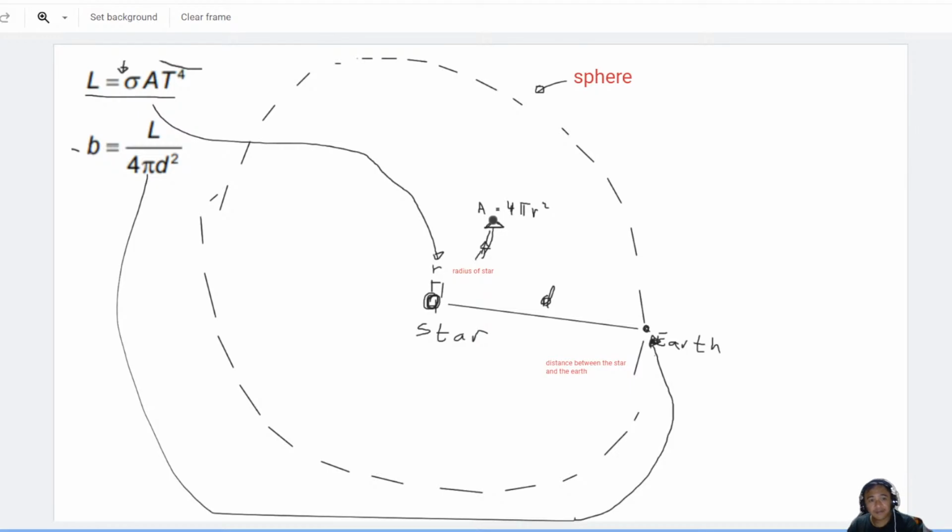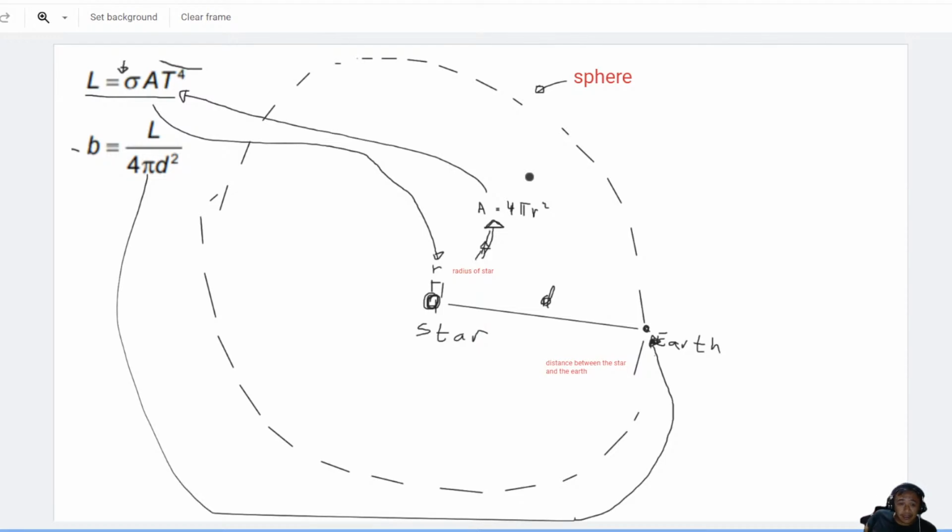Basically, that's it. And then you go back here. Is this clear on how to find the luminosity? You said do it where the star is, or the radius of the star. So we find 4 pi r squared and then plug that in. Yes. We're not actually done yet, but that's the idea there.